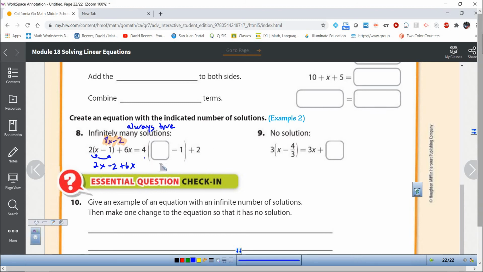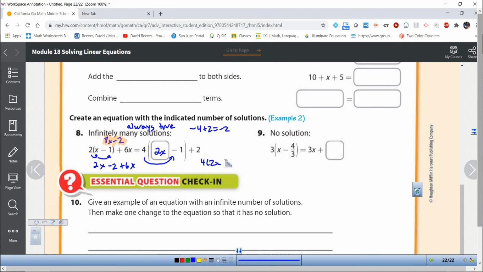Well, if you take a look here, what's 4 times minus 1 going to equal? That's going to be negative 4. So 4 times negative 1 gives me negative 4 plus 2, which is negative 2. So that takes care of that part. But what else do I need? I need 8 x's. So how do I get 8 x's with a 4 out here? I put 2x here. So my answer is 4 times the quantity 2x minus 1, plus 2.